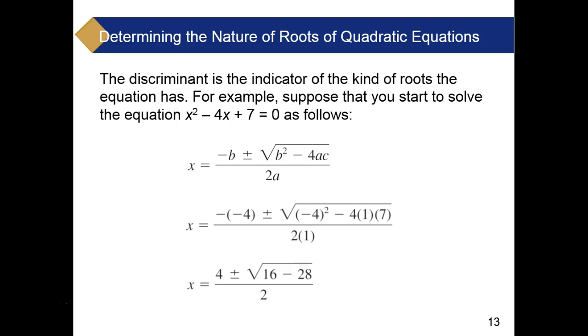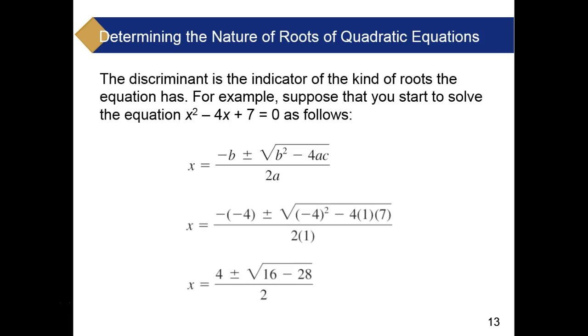Now, when you see this pop up here, this is your discriminant. What does that tell you right now? Anything? That's going to be negative. It's going to be a negative 12 under there. What does that tell you about the answer? You take the square root of a negative 12. Not in the real number system.